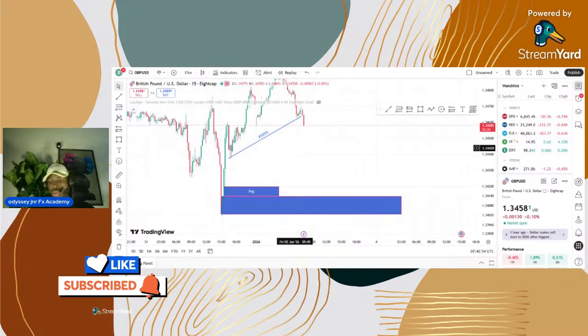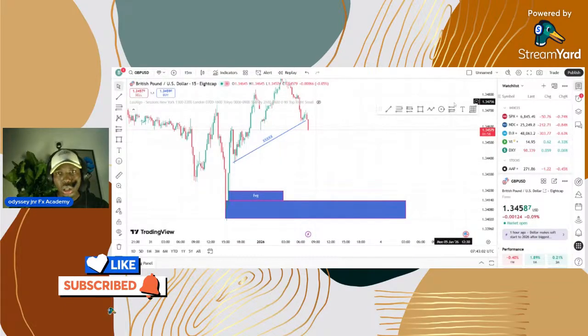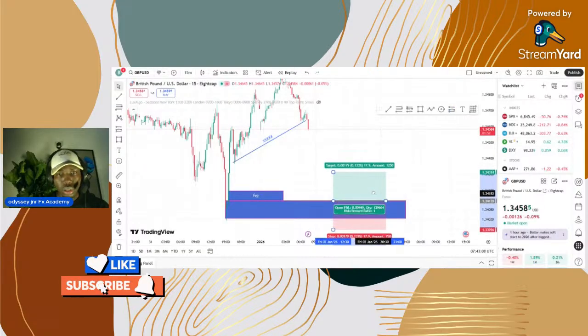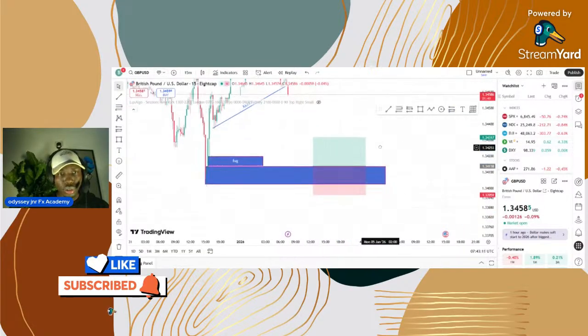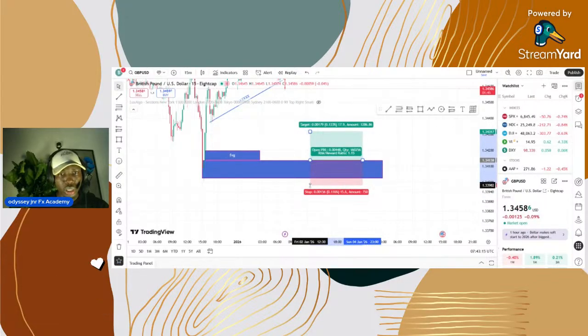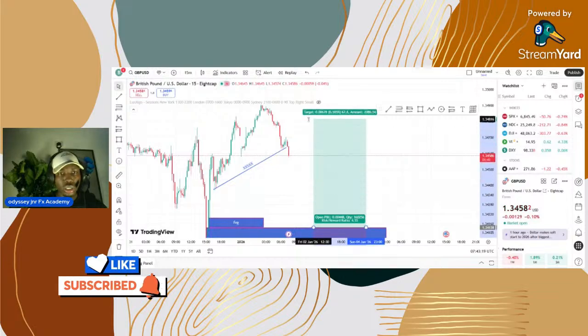So we'll be looking out for this market to come here. Once it's here, just a little bit lower, then we'll target to the upside where this market came from.